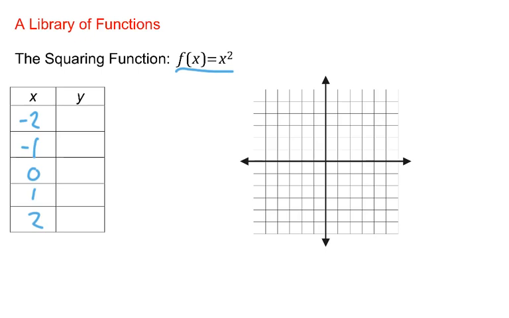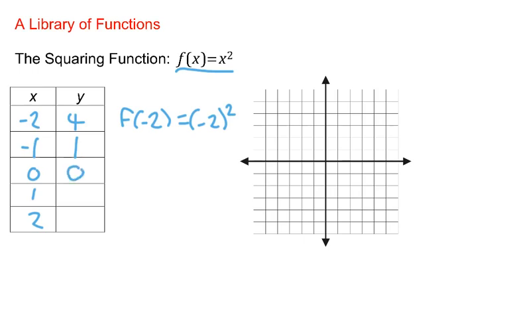So the equation is given by, in this case, for example, f of negative 2 would be negative 2 squared, the entire quantity, negative 2 times negative 2. That would give me a 4. If x is negative 1, y would be negative 1 squared. That's 1. If x is 0, y would be 0.